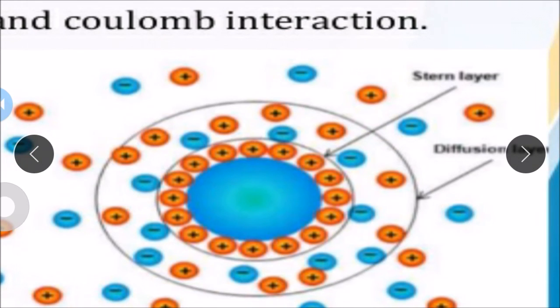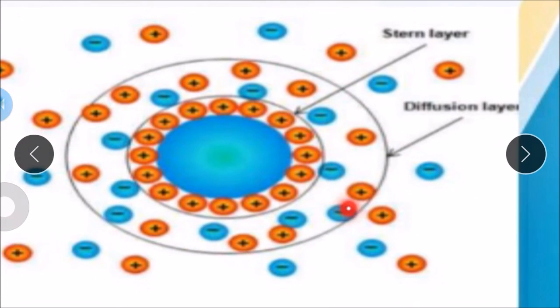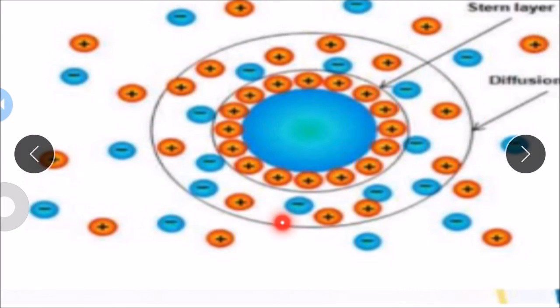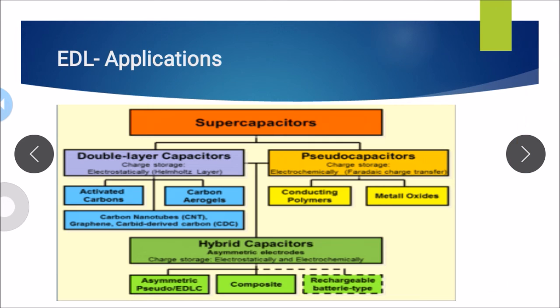Then after that there may be some negative ions which are attracted by the positive ions. After that there may be mixed ions of positive and negative. So this is the diffusion layer actually. This is the Stern model of the electrical double layer.